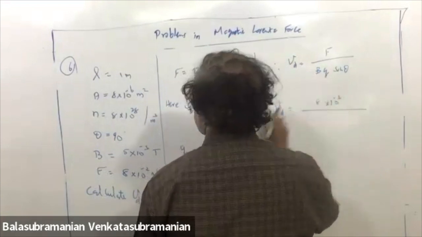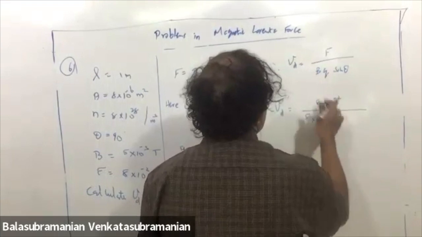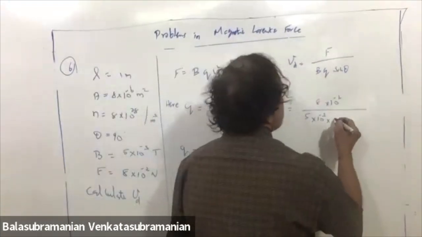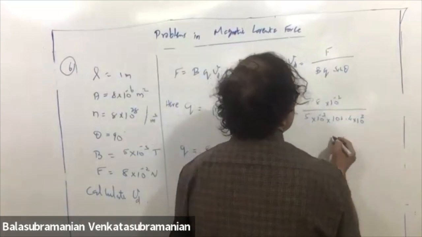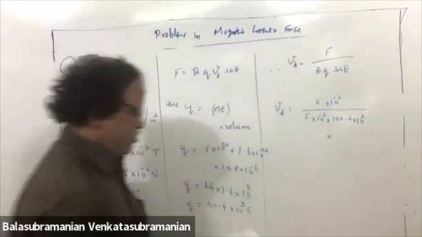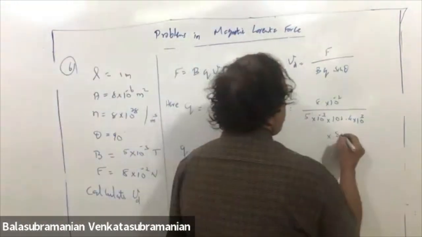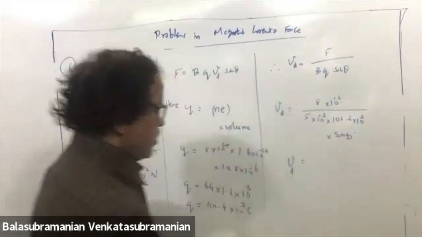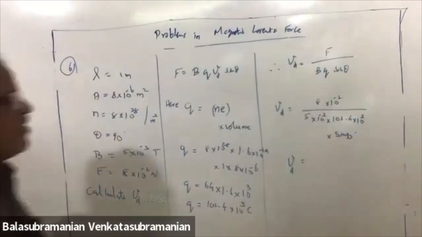B value 5 into 10 power minus 3. Q 102.4 into 10 power 3, sin theta 90 degree. Moving perpendicular, so 90. What is the velocity? 1.51 into 10 power minus 4.